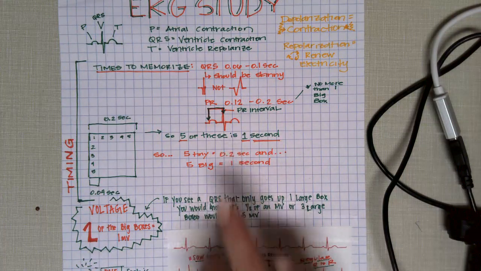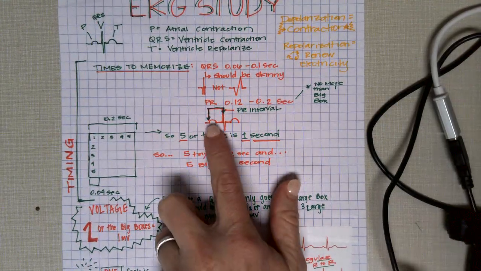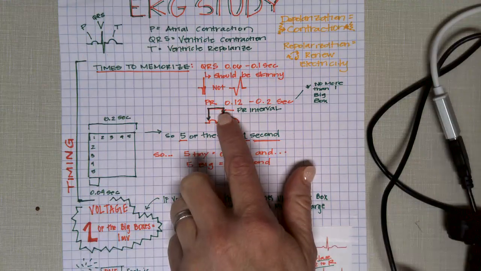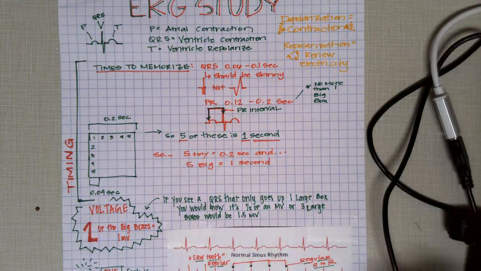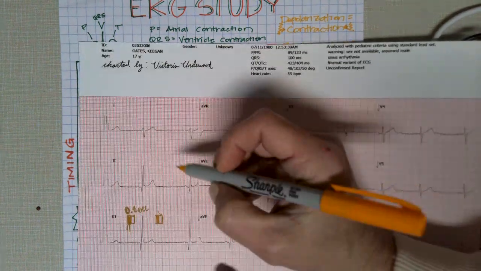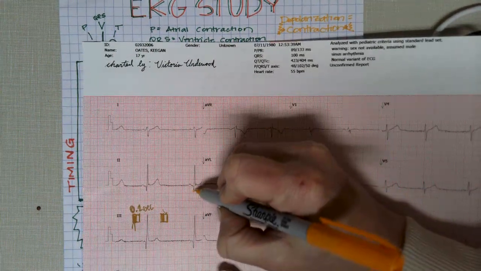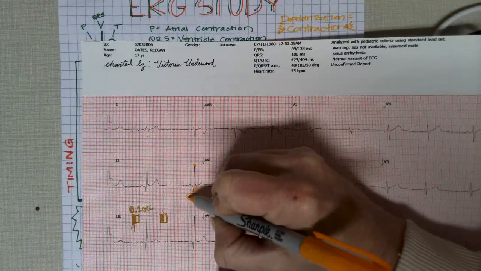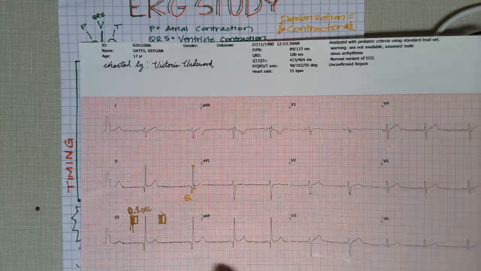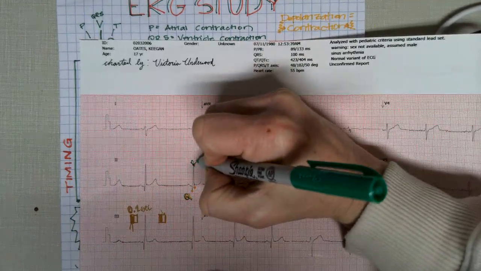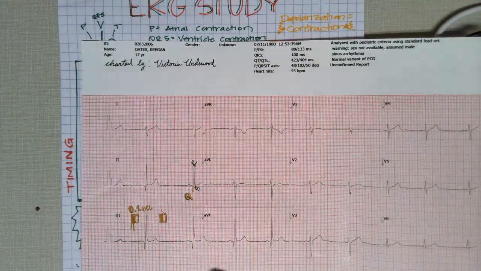Your PR interval. The PR interval that you can see that I'm talking about is from the beginning of the P wave to the R. Now, in a QRS, it goes Q, beginning, R, S. Q is down here, R, and S. Okay?